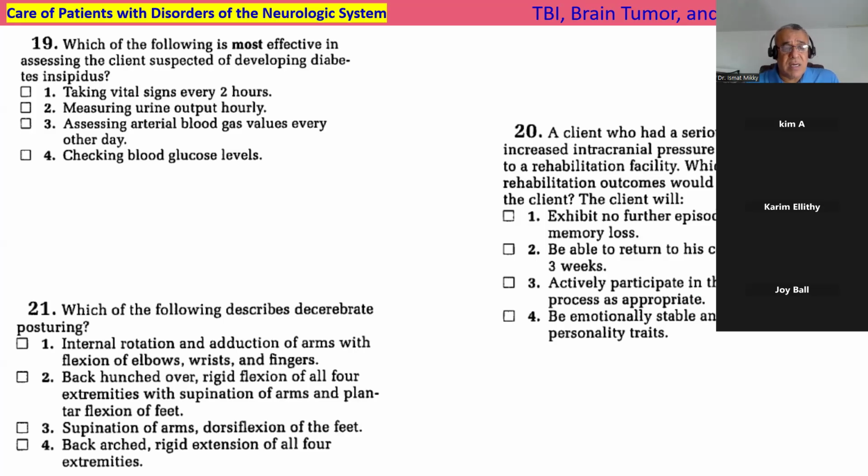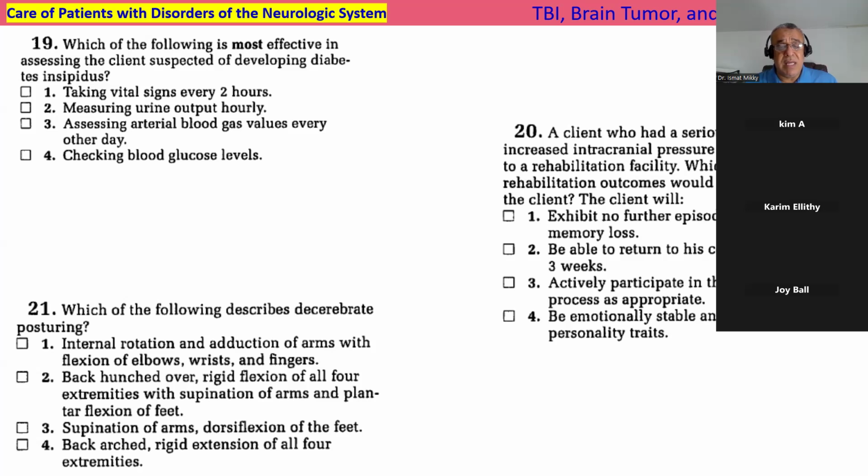Question number 20, a client who had a serious head injury with increased ICP is to be discharged to the rehab facility. Which of the following rehab outcomes would be appropriate? Recovery from serious head injury is a long-term process that may continue for months and even years after the injury.